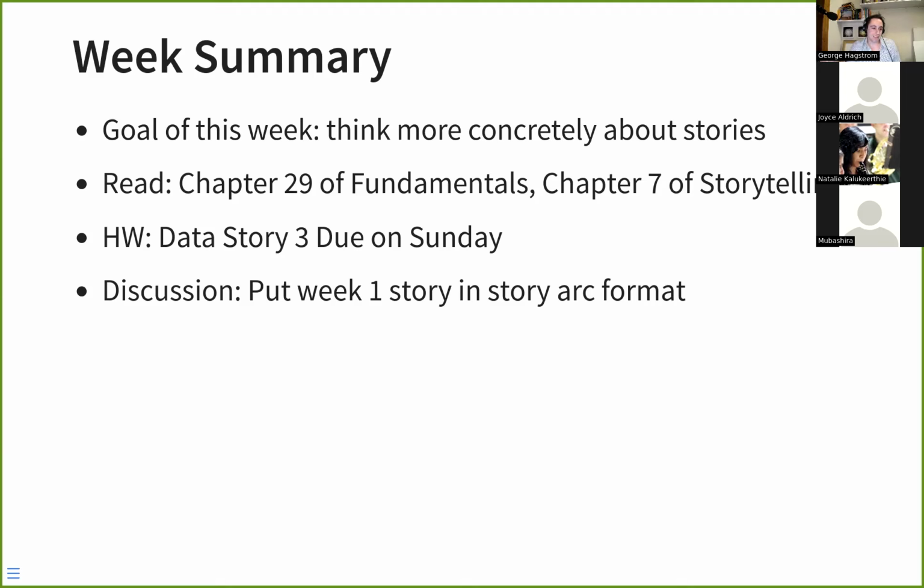If you already feel it matches a story arc pretty well, you can just take the different elements of the story arc and paste the text right next to it. If not, you can retell your story a little bit.